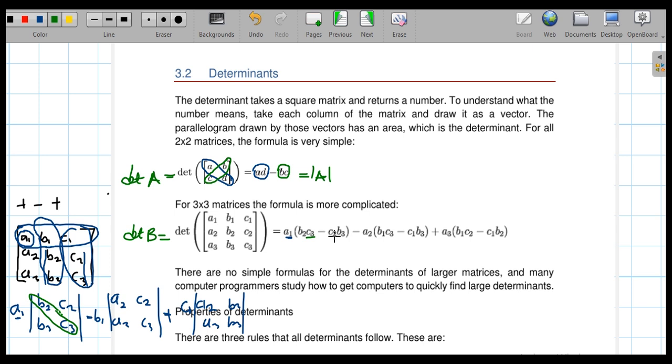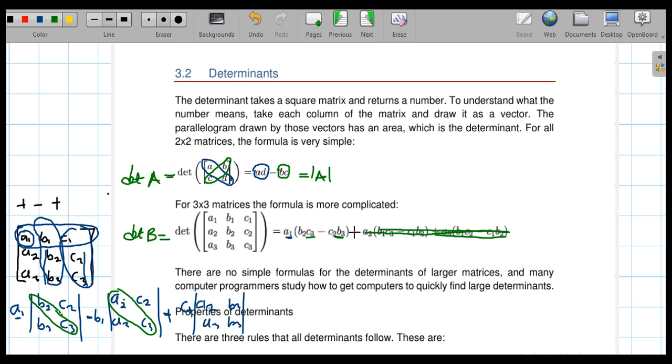Then this minus, then B1, then A2, C3. Right, so I think what we need to do is cancel this out here, and then continue with this method.